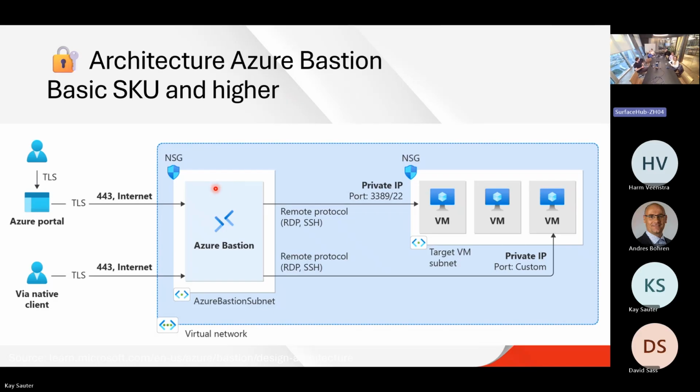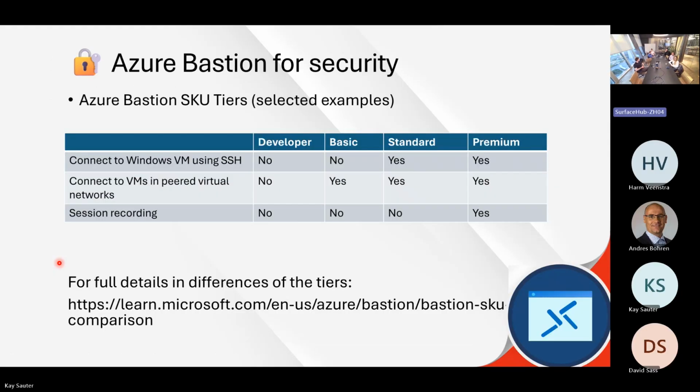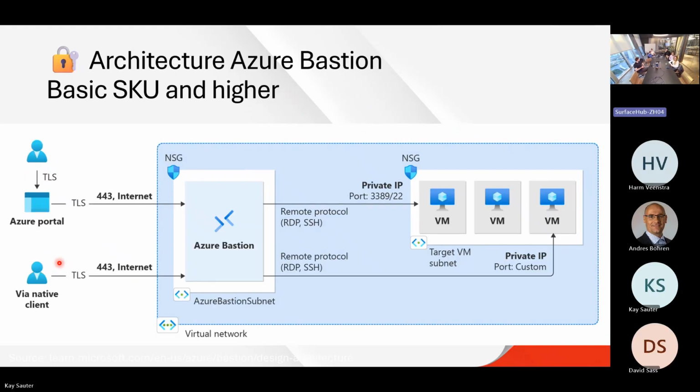I think it's available in the Standard and Premium tiers, but not Basic. You can also go via a native client, so we can also just configure the RDP client and go to Azure. So you configure that as an API? Yes.